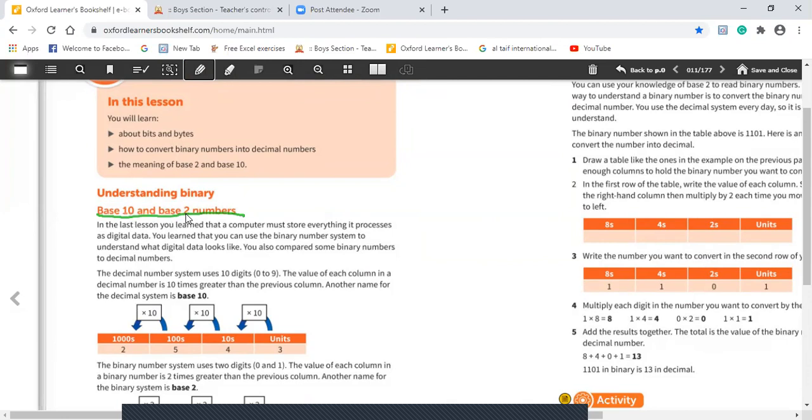And why do we call it base 2? Because a binary number only has 2 digits, the 0 or 1. Do not mix.